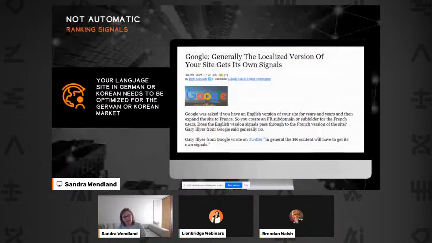Moving on, in my daily reading again, I saw this article that came through, and it seems there is a misconception out there that if my site ranks well in English, this will pull through to other languages.